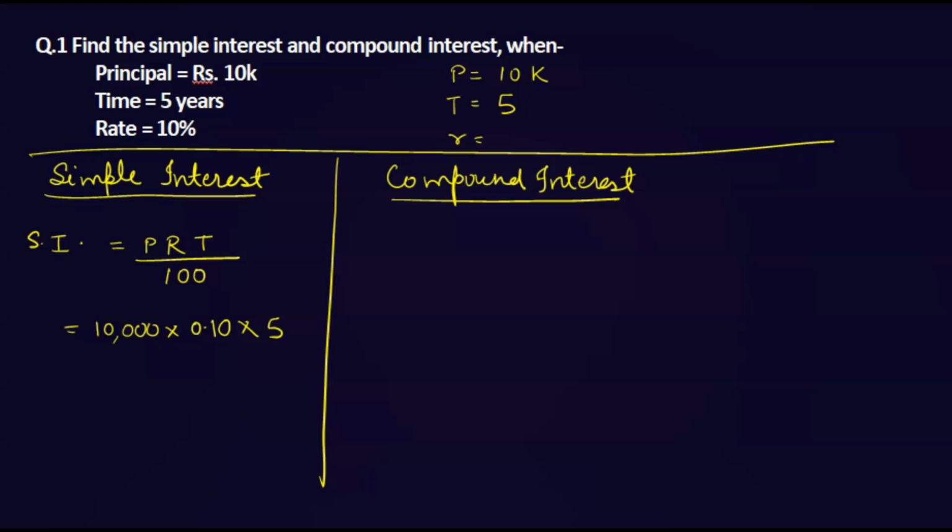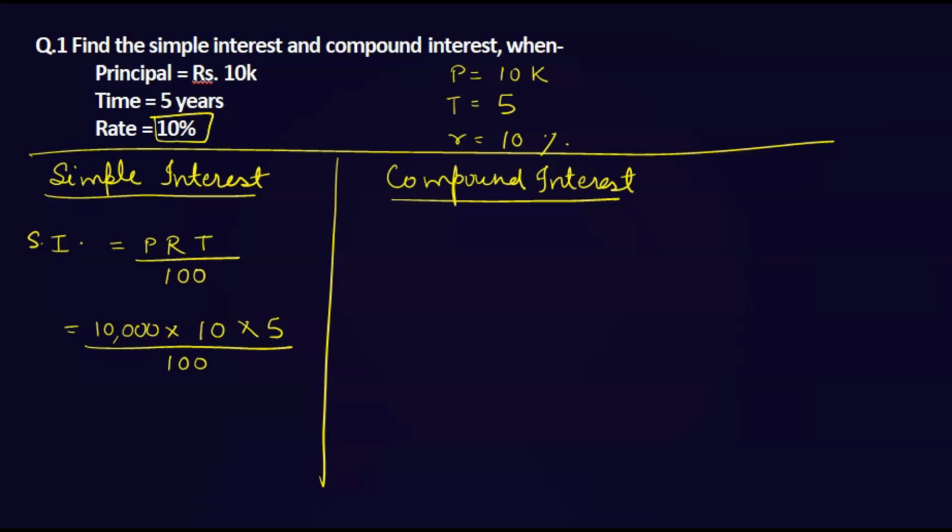So that will be 10%. Here also divided by 100. This 100 is that rate divided by 100, means when we convert this rate 10%, that will be 10 divided by 100.